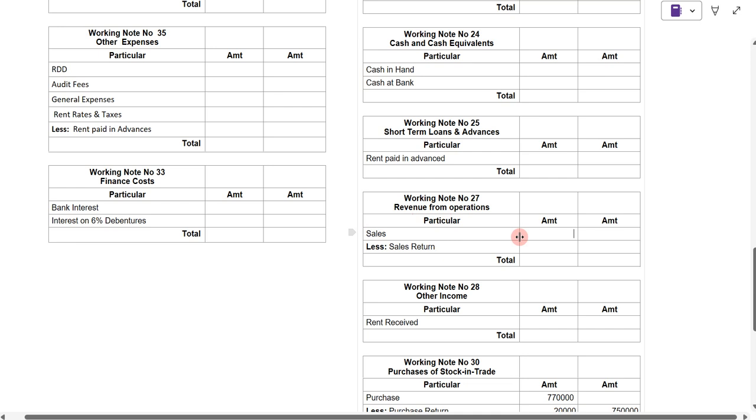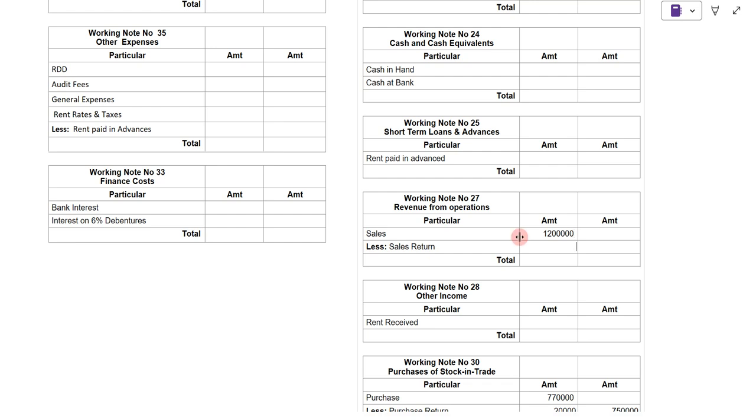Total sales is 12 lakhs. From 12 lakh less the sales return, that is 10,000, remaining 11 lakh 90,000.